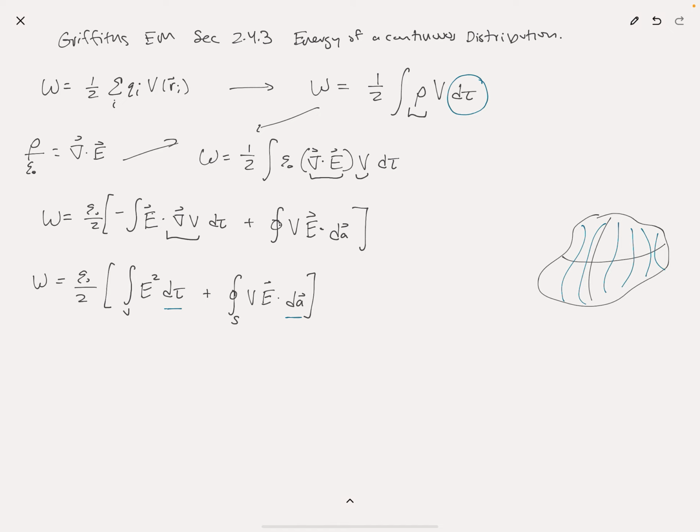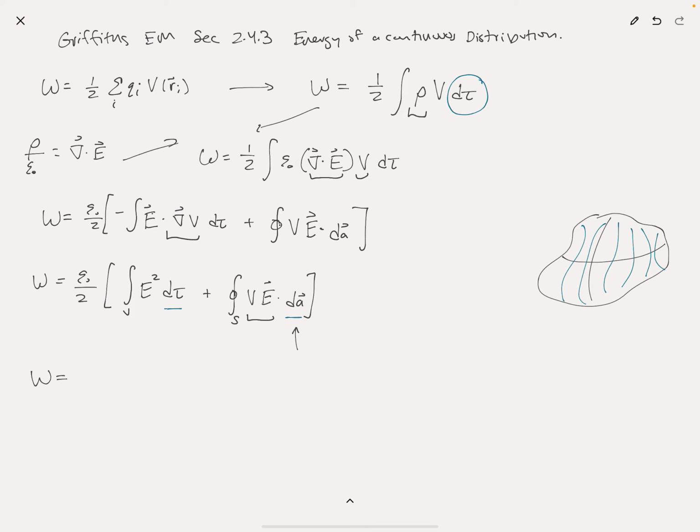Because I can pick any volume that I want, I can pick the volume of all space, negative infinity to infinity. When I do that, I evaluate a surface that's infinitely far away, and because that is infinitely far away, the surface term is zero.